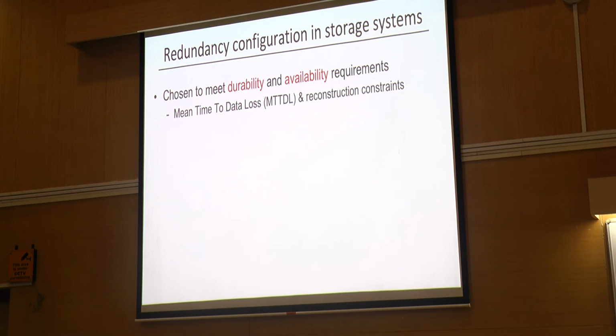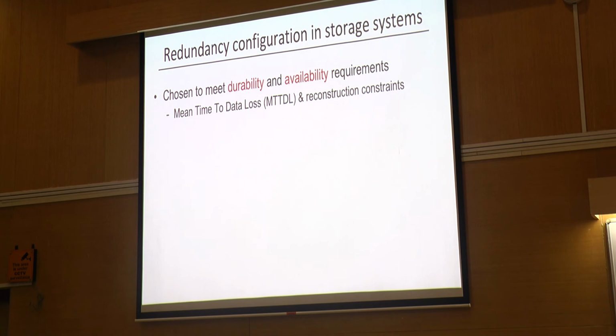That comes from modeling the system as a Markov chain and then finding the mean time to data loss. You might have worked out such problems if you studied Markov chains, but it's not needed to understand this part of the tutorial.